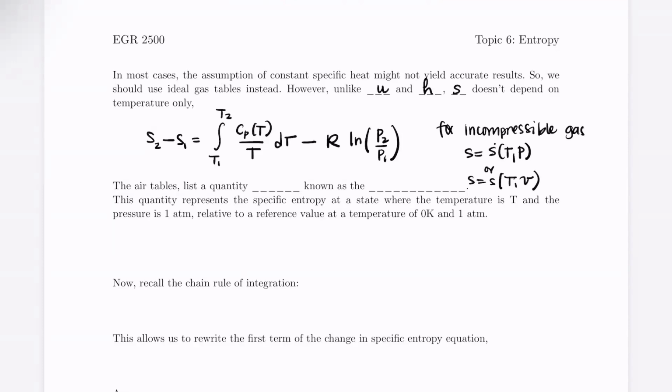So the air tables list a quantity that is called the standard state entropy. It's denoted as S with a subscript 0, and it's a function of temperature.